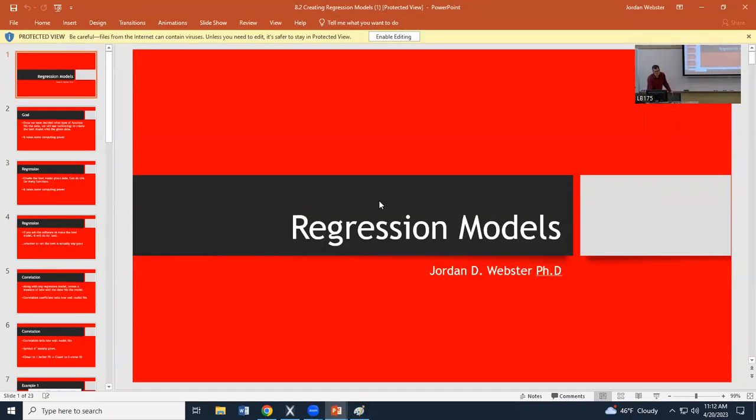Now, I think what I'm going to do is stop here. We've covered 8.0 and 8.1, identifying the functions. And then 8.2 will be all about creating the regression models. But that takes a little bit of time, and since we're close to the end of class time, I don't want to get started on something that we can't really get into.